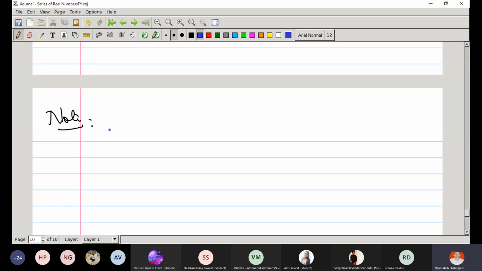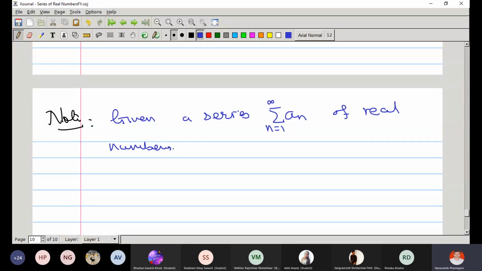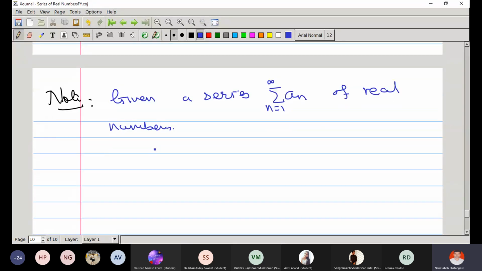Okay, so given a series a_n of real numbers, where n starts from 1 to infinity, or depending on the series. Suppose a_n is a series of real numbers.